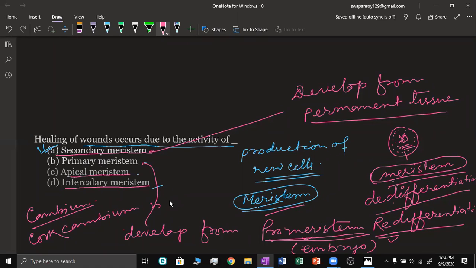Cork cambium is secondary meristem. I think you should remember all this. And the vascular cambium is mixed. It is primary as well as secondary meristem.